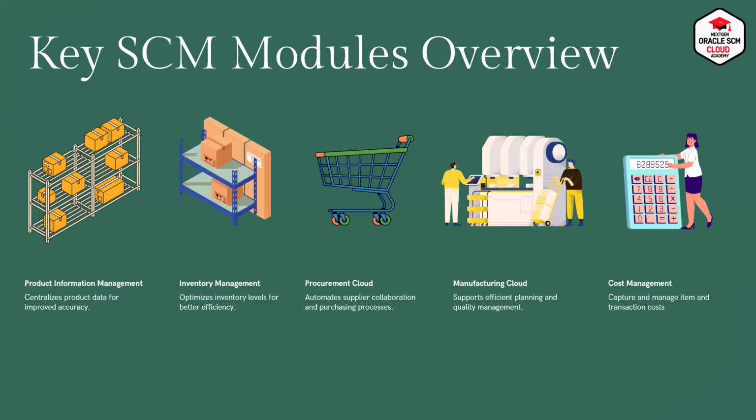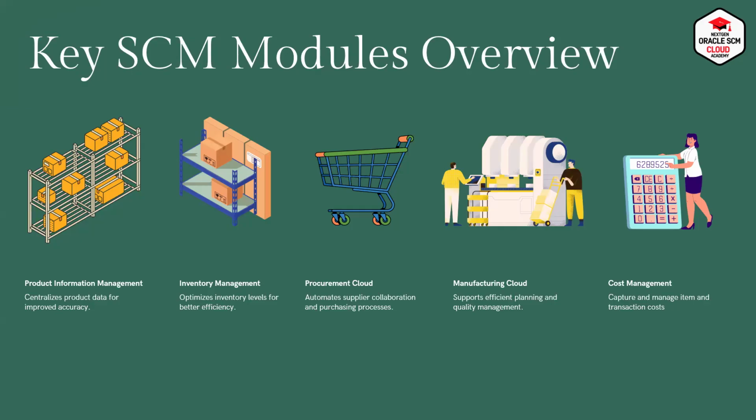Each module has a specific role, but none of them works in isolation. This is the important point: each and every module is integrated with each other, so they don't work individually. In real-time implementations, data and transactions flow across multiple modules seamlessly.